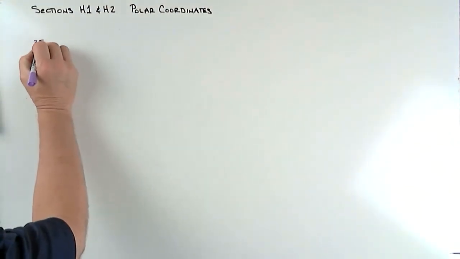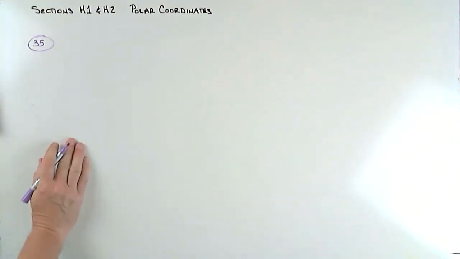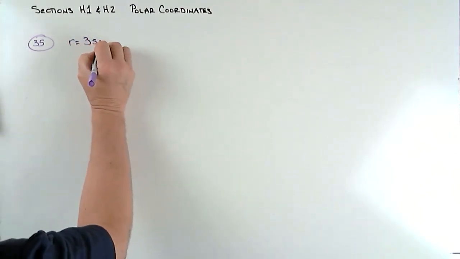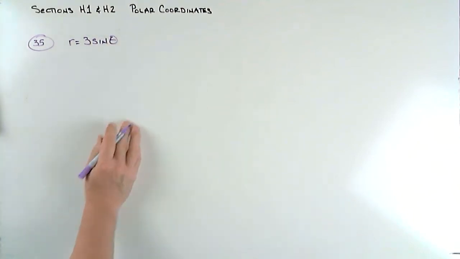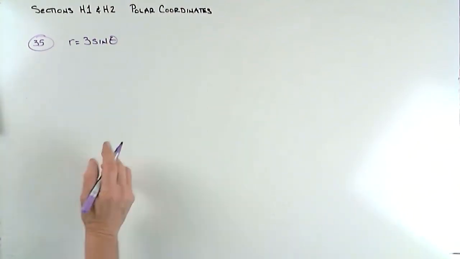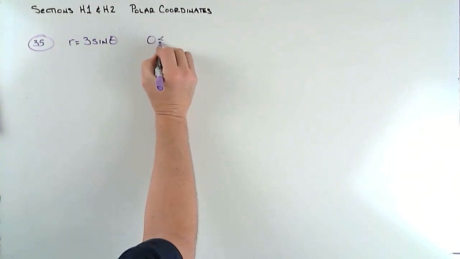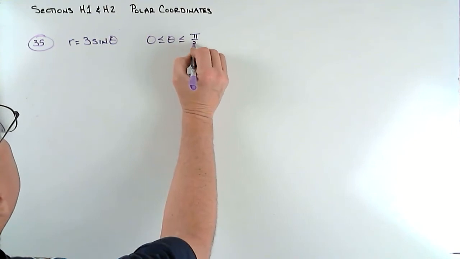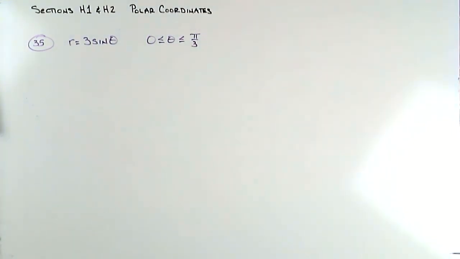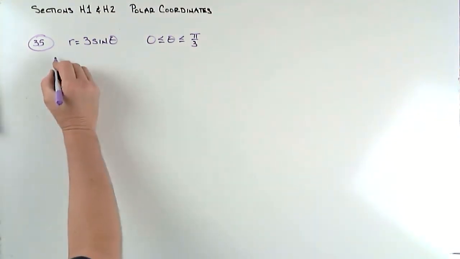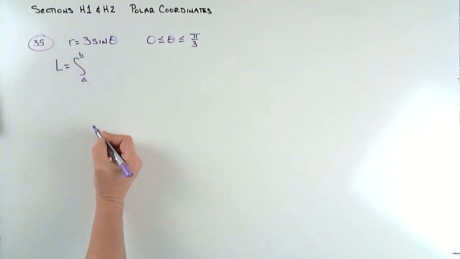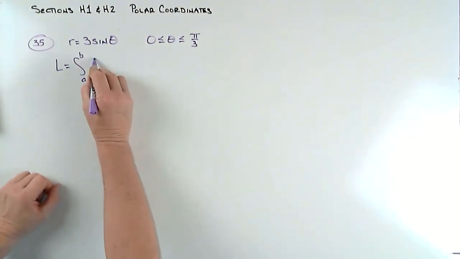I'll do 35. So problem 35 gives us r equals 3 sine theta, and the angle is given to us as 0 is less than or equal to theta is less than or equal to pi over 3. And it says find the exact length of the polar curve. Now our formula here is arc length is equal to the integral from A to B, and then we have our arc length formula.